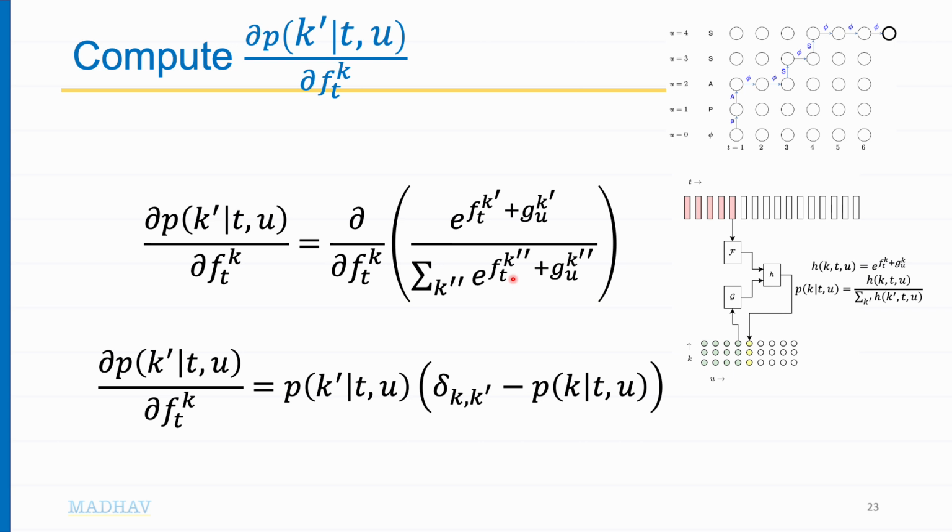And this delta k dash appears because the denominator term will always contain k, since k double dash you are summing over all possible k's. But the numerator term may or may not contain k. It will not contain k when k is not equal to k dash. But when k is equal to k dash, then the numerator also has a k term. That's why the delta comes there. So it's p_k dash times (1 minus p_k), where this 1 applies only when k and k dash are the same. All right.